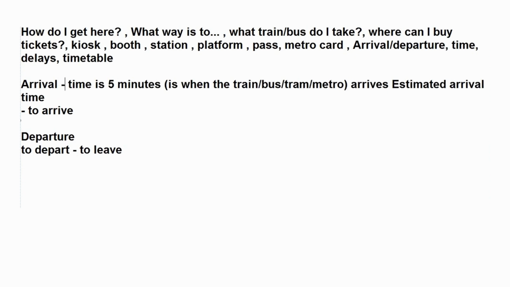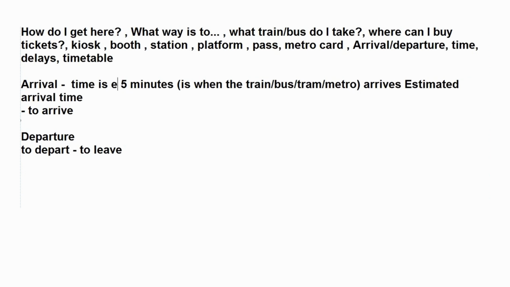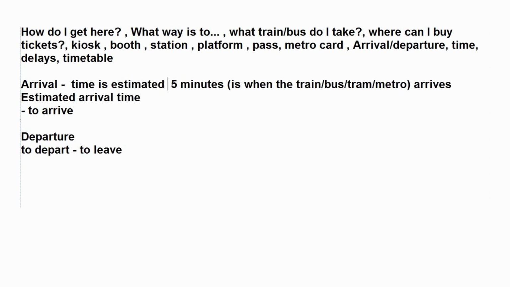So you can just say arrival, but you could also say time, okay? So arrival time is 5 minutes, or is estimated, which means like they don't know for sure, but they are guessing, like maybe 5 minutes, okay? So time is estimated, so this means like maybe, right? Approximately, okay? So estimated arrival time.